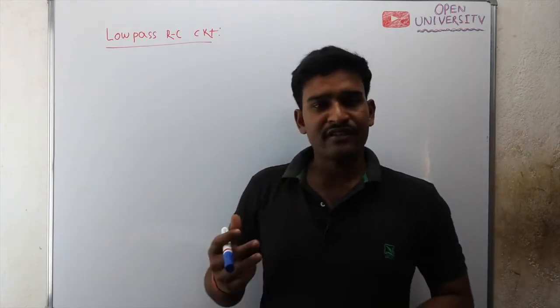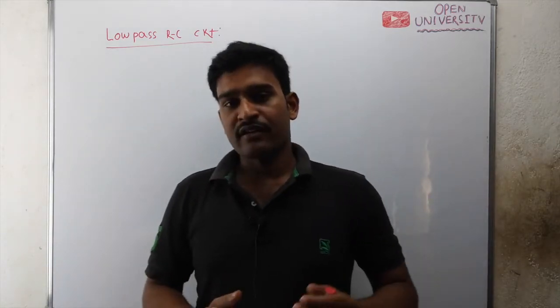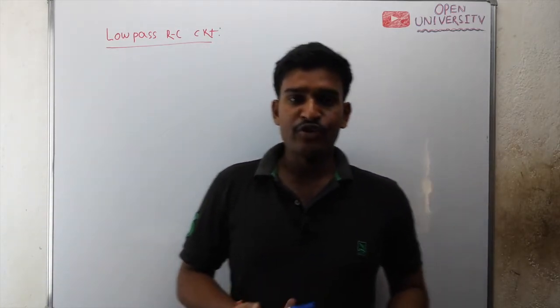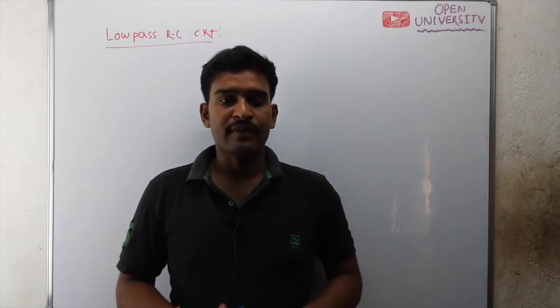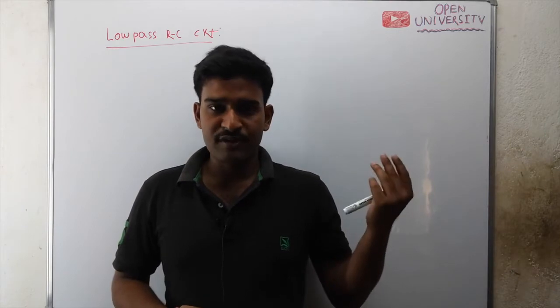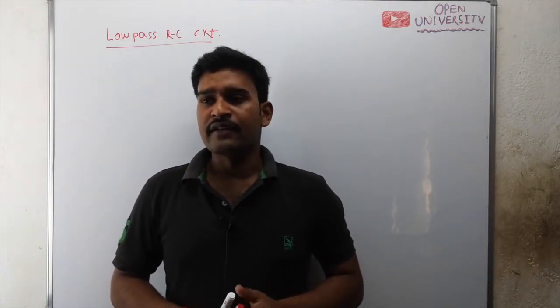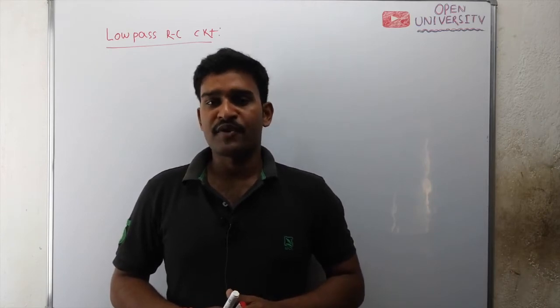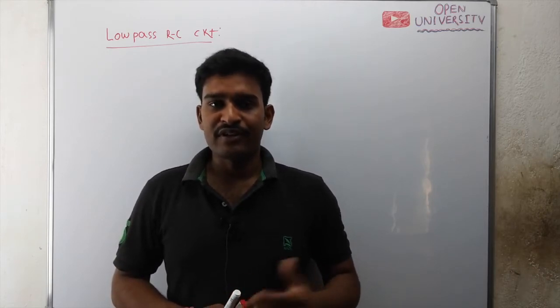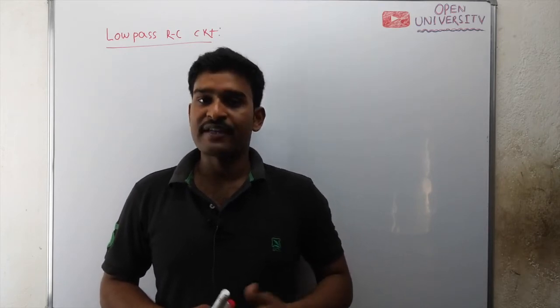We saw how a high pass circuit looks like, and what its gain, magnitude of gain, and phase of the gain are. Then we saw the gain versus frequency plot of the high pass RC circuit, and the square wave response when the time constant RC is small and when it is very high.